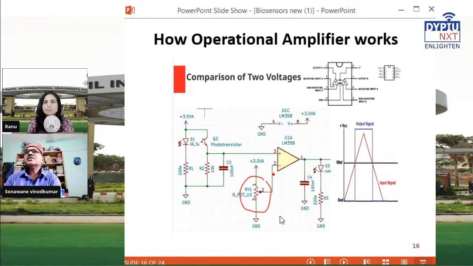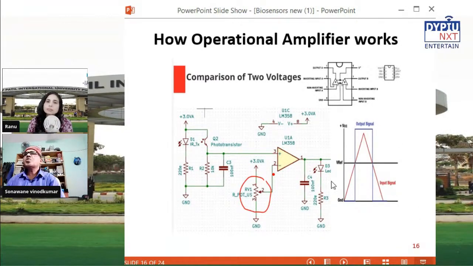And if you connect the devices according to this, then you will be able to get the signal at pin number 3, and this signal will be compared with the signal or the voltage at pin number 2, and this compared signal will be fed to the operational amplifier, and you will get output.